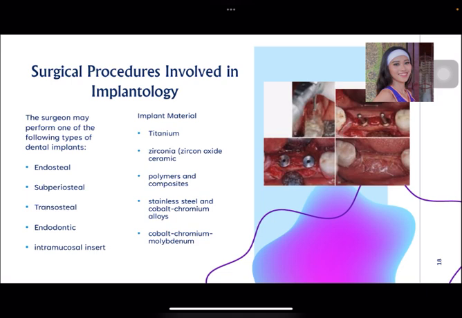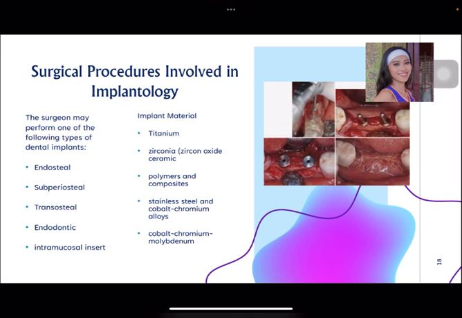So the titanium, it is a widely used material for dental implants due to its biocompatibility, strength, and ability to integrate well with bone, like osseointegration. Titanium implants are durable and have a long track record of clinical success.